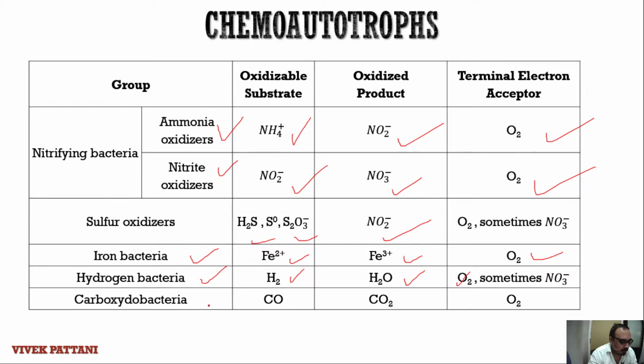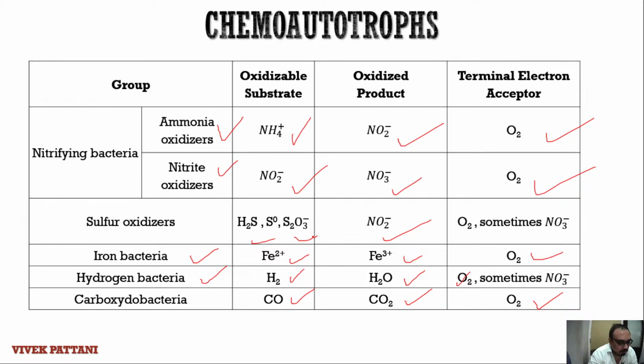Next group, the carboxylobacteria, which is not included in your syllabus. The oxidizable substrate will be carbon monoxide, and it will be converted into carbon dioxide and the terminal electron acceptor will be oxygen. And there are several groups of soil or aquatic bacteria which are able to use inorganic compounds or ions.